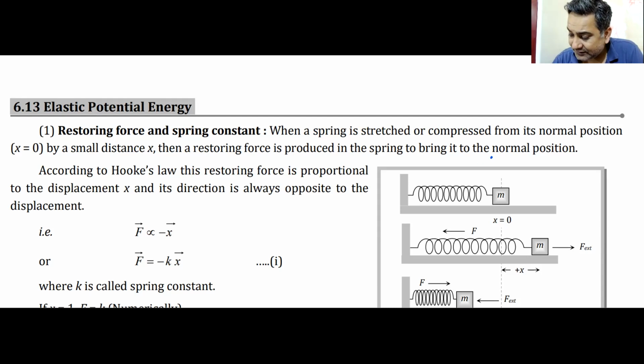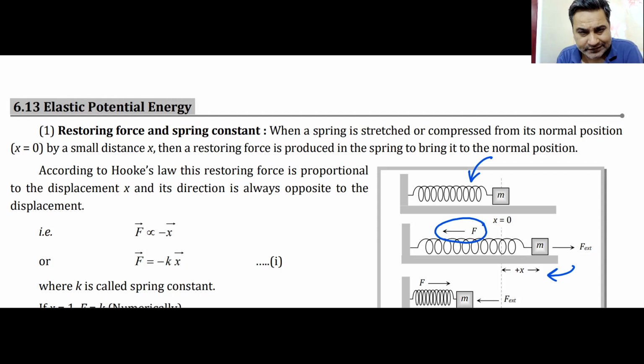As you can see here, this is a spring which is at its natural length, and a body of mass m is attached to it. If the spring is at its natural length, there is no force acting on the block. But if I now extend it by x amount, the spring will apply a force which will try to pull it back.